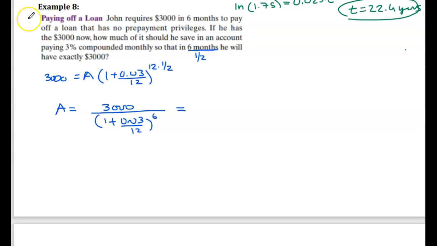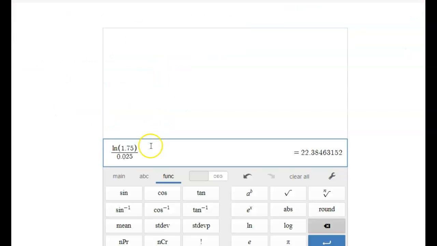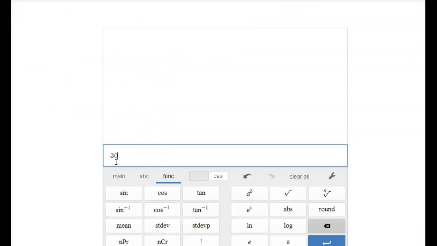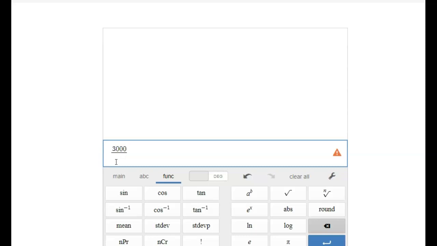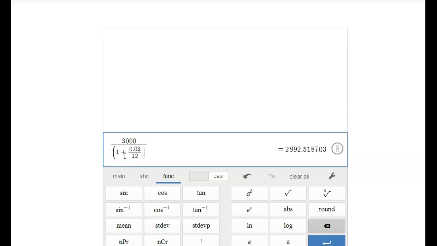Okay, so this is like the present value formula. So we have 3,000 divided by 1 plus 0.03 divided by 12 to the power 6.